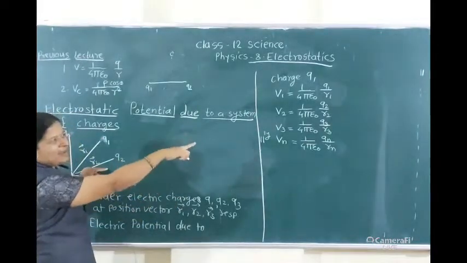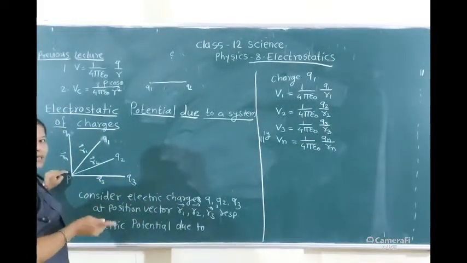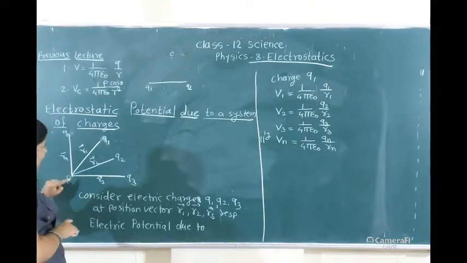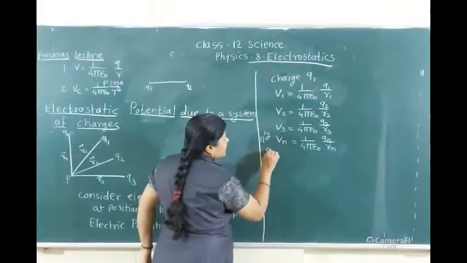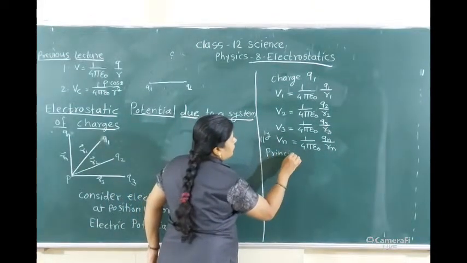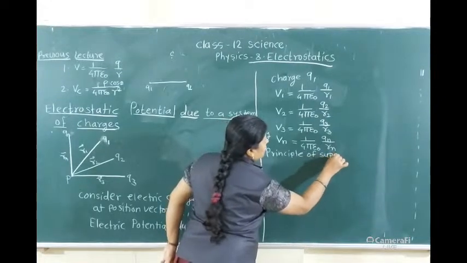Now these electric potentials are individual. We have to find the total electric potential at the point P by using the principle of superposition.